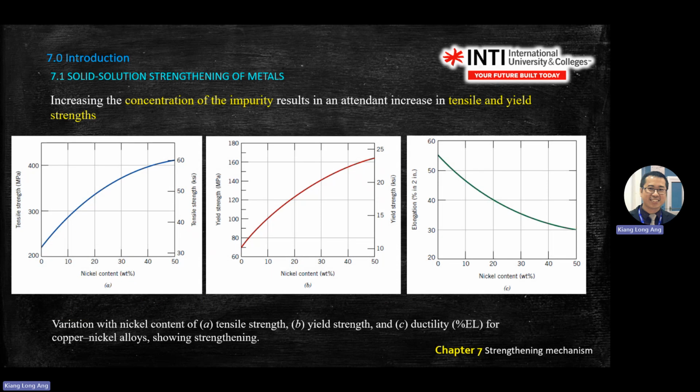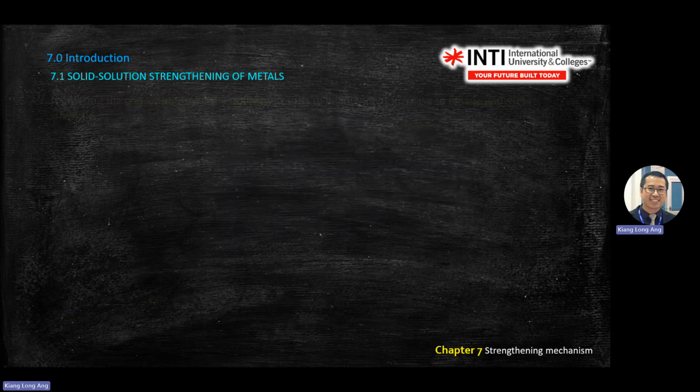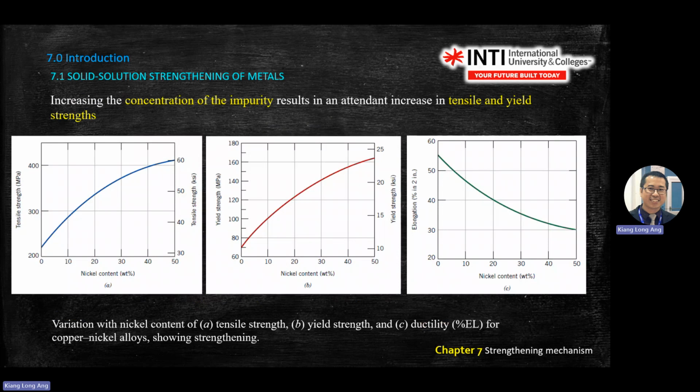Now, one way is increasing the concentration of impurity. When you increase the concentration of impurity, meaning you add the green color or the orange color inside the solvent, you increase the solute concentration, and it will make the material stronger.